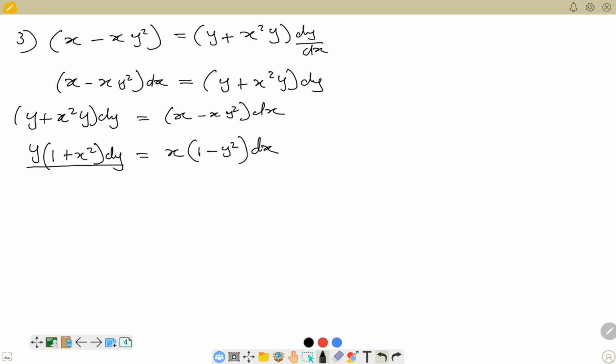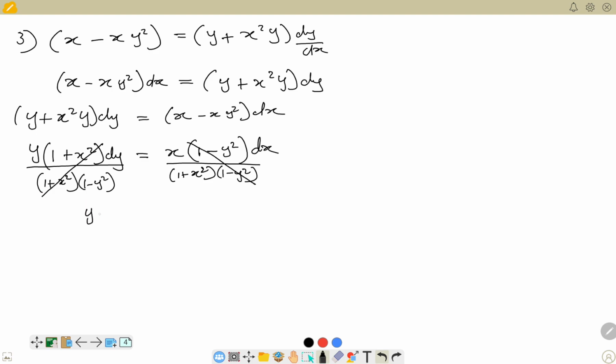So we divide both sides by these. What we do on the left hand side mathematically, we need to do on the right hand side. This one cancels here, and this one cancels here.